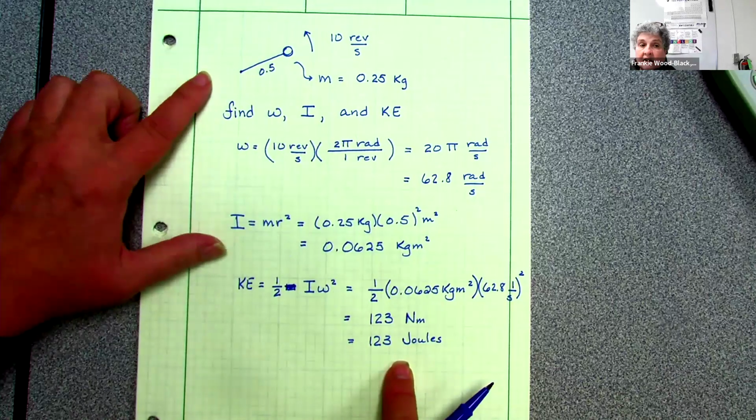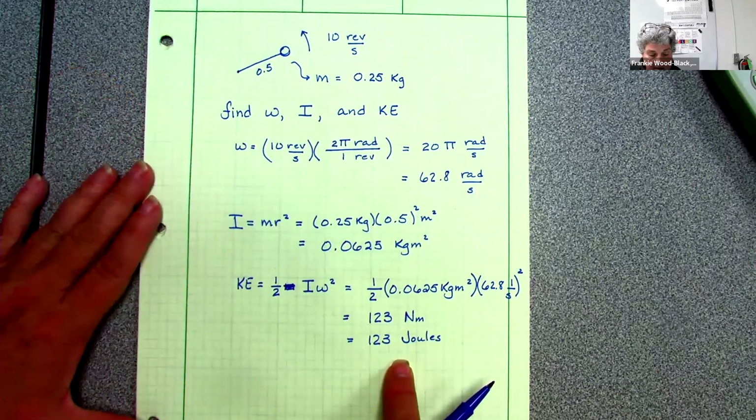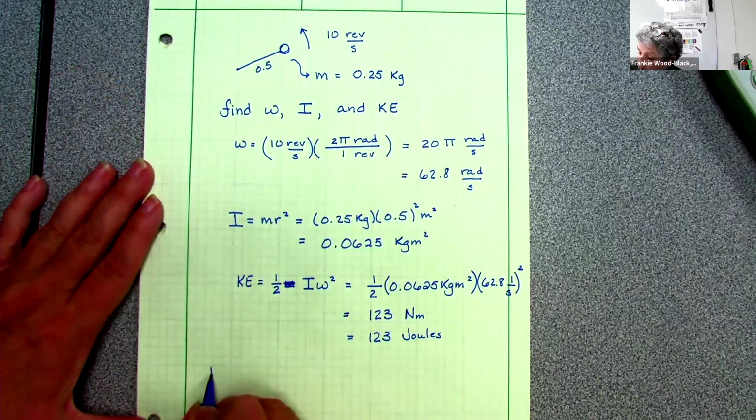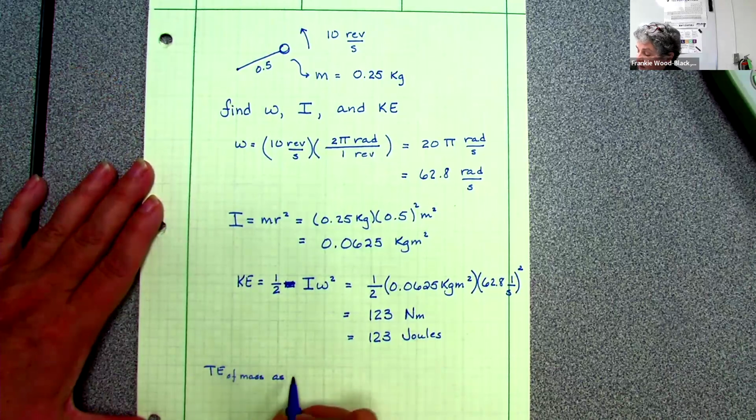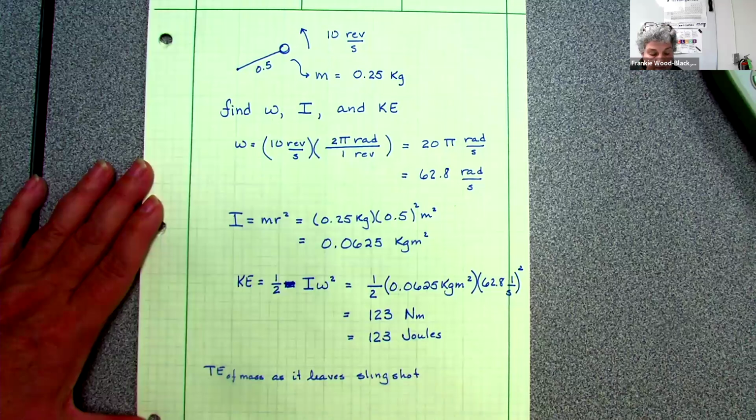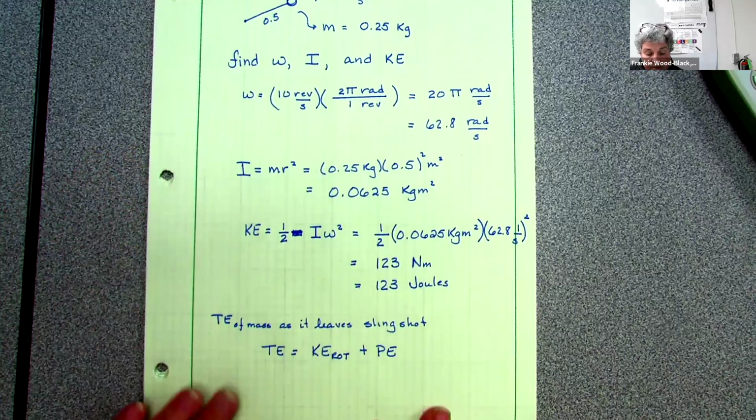So if this is a David and Goliath situation, we could look at the total energy of the mass as it leaves the slingshot. The total energy is going to equal the kinetic energy of rotation plus the potential energy, how tall above the ground we are.